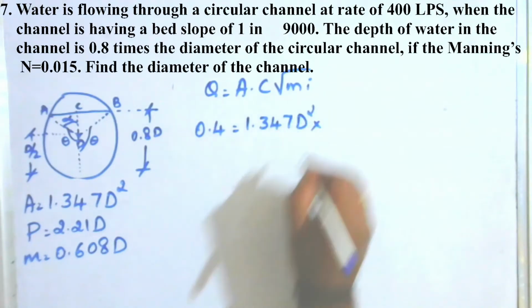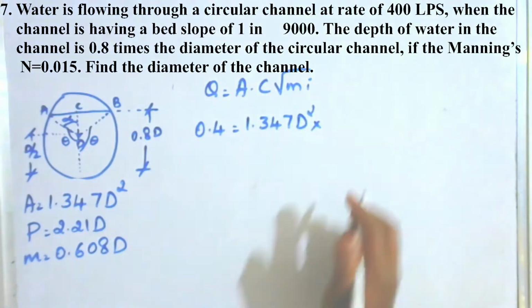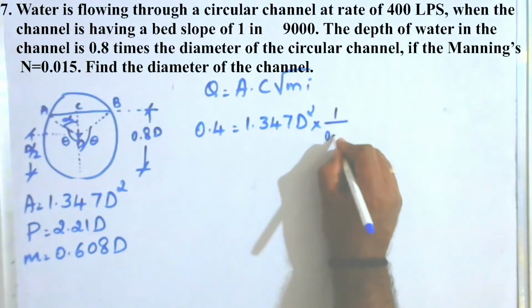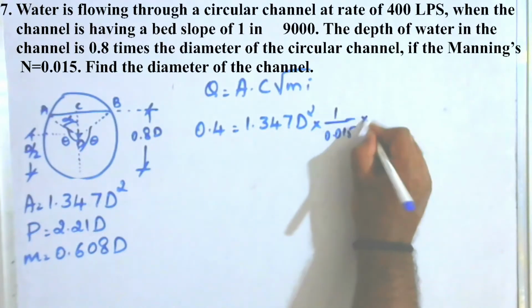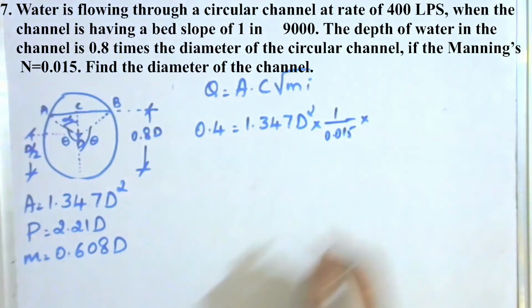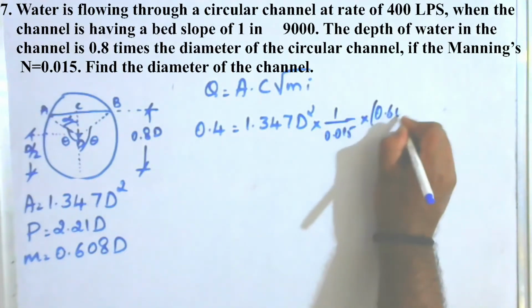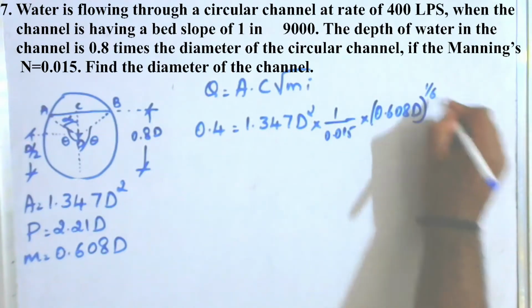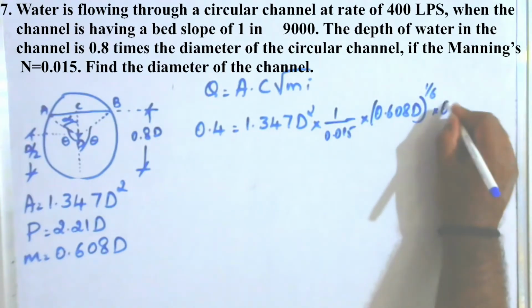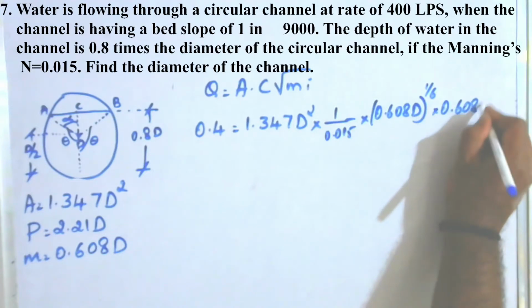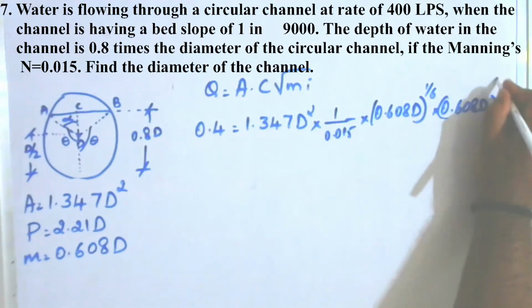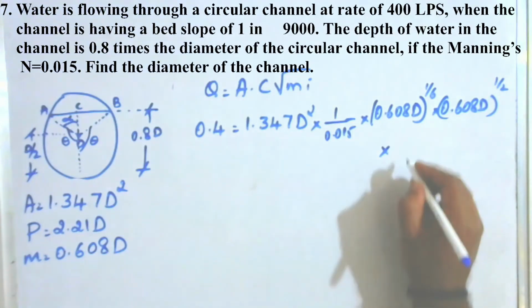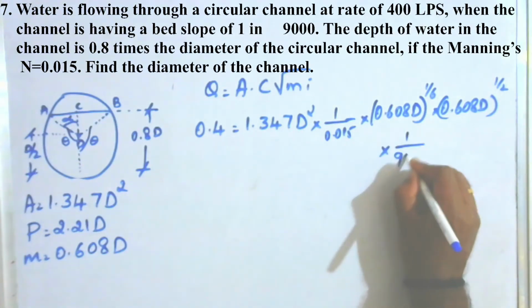The C value is not given in the problem; instead Manning's N is given. Therefore C is 1 divided by n, that is 1 by 0.015, into m to the power of 1 by 6, where m is 0.608 D, whole to the power of 1 by 6, into 0.608 D whole to the power of half, then into the I value as given, 1 divided by 9000.